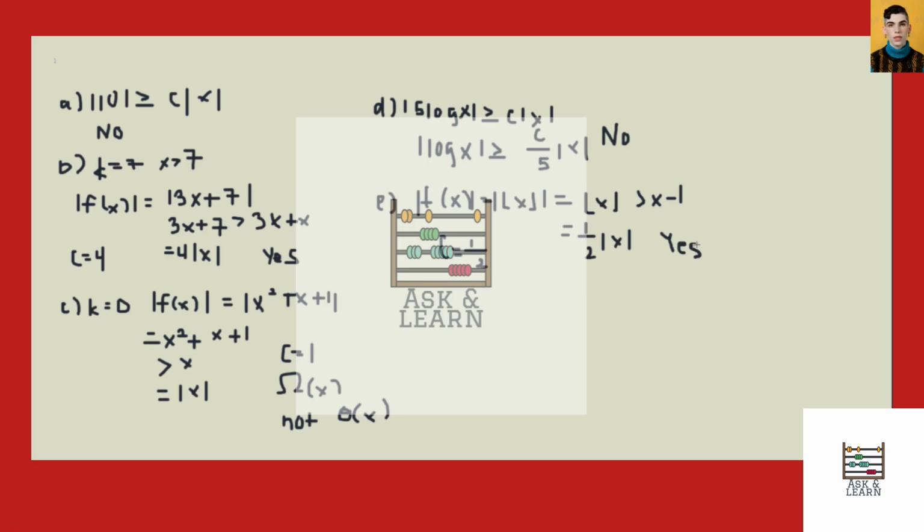Finally, we have f of x is equal to the ceiling of x divided by 2, and g of x is equal to x. So let's choose k equals 0. So x is bigger than 0. Then we take the absolute value of this function, x divided by 2.